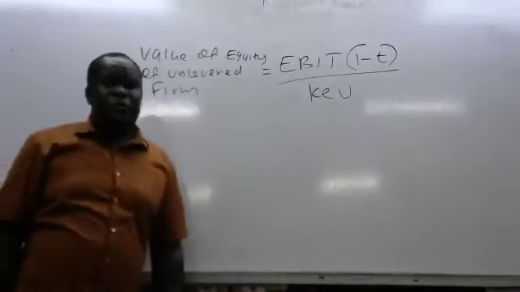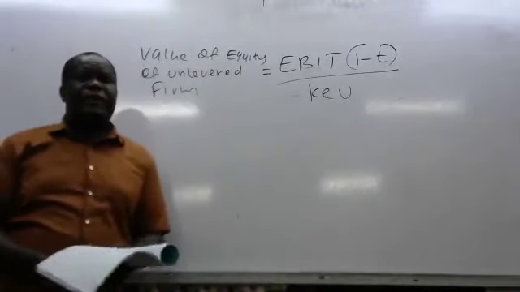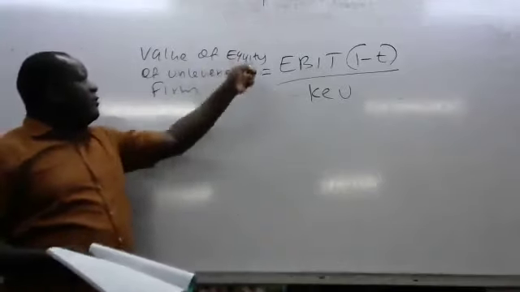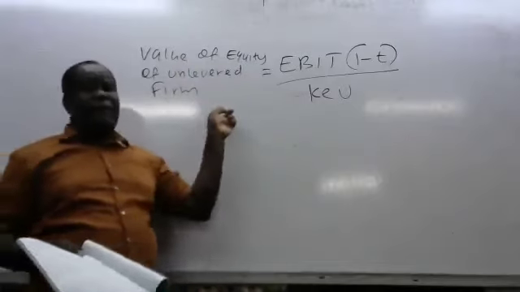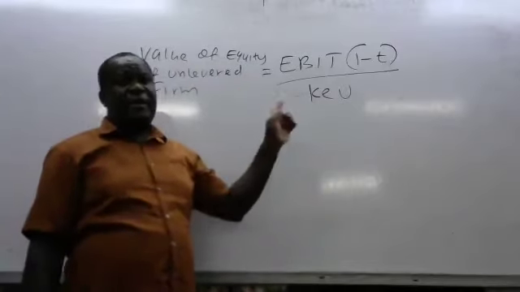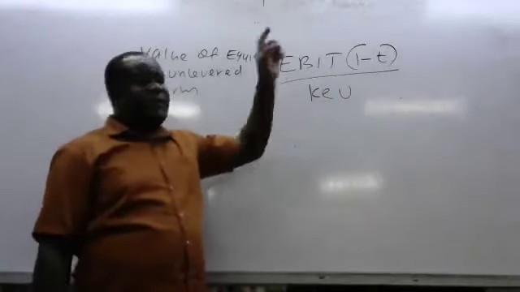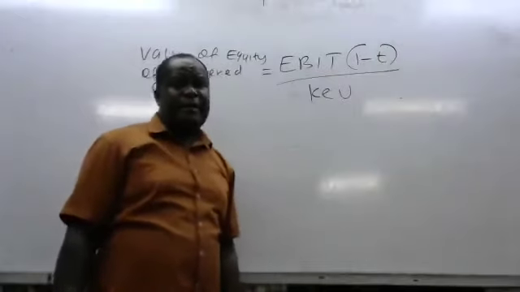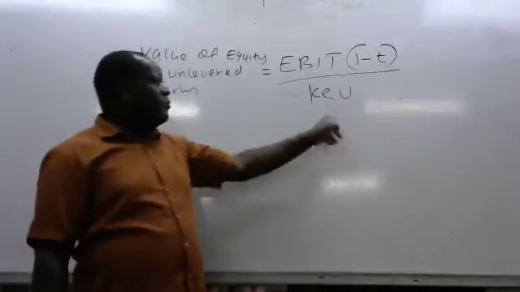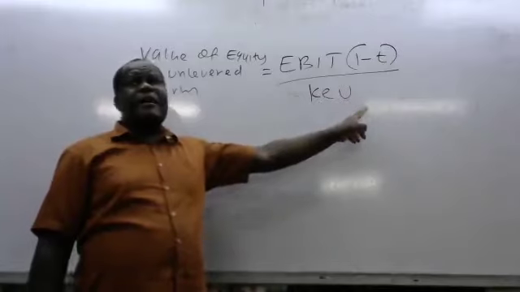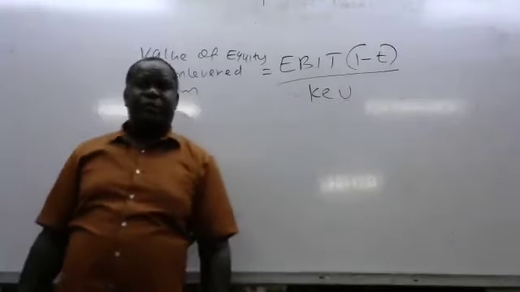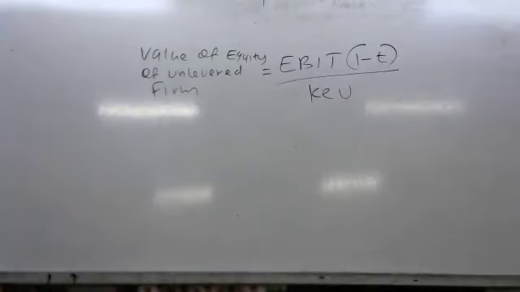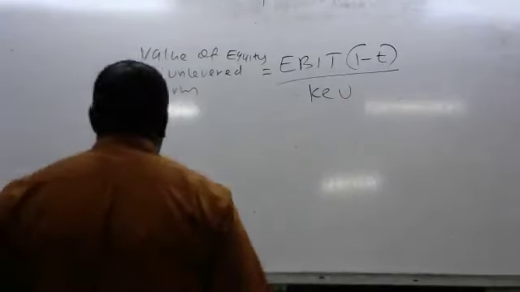KEU is the cost of equity of the unlevered firm. That now gives us the value of equity for the unlevered firm.